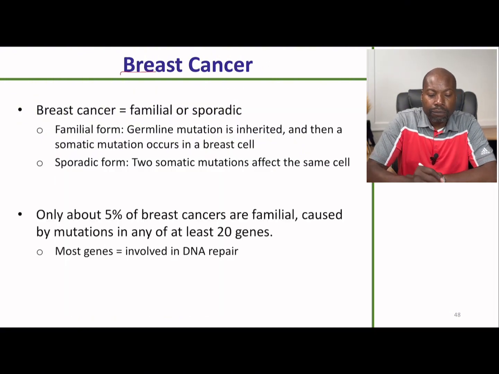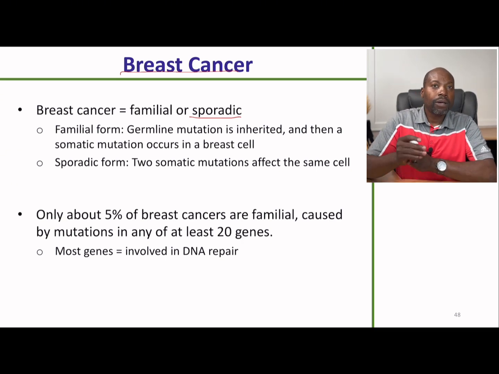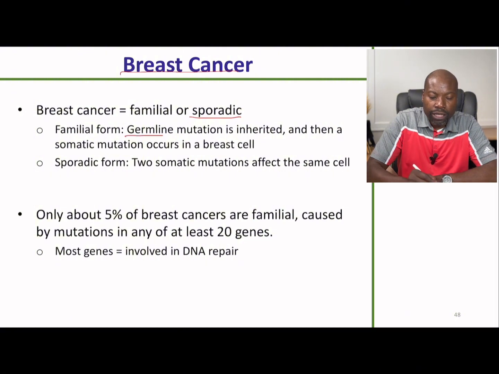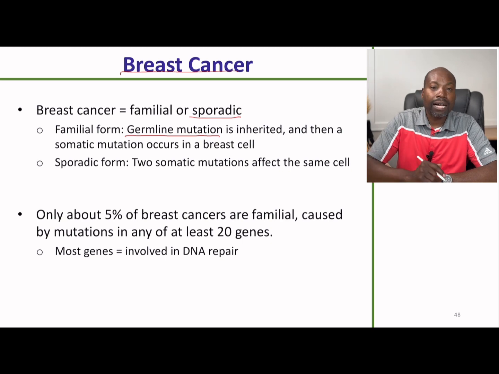So in the case of breast cancer, we have some family cases of breast cancer, but we also have sporadic cases of breast cancer, right? When there is a family case of breast cancer, this is going to be associated with a germline mutation that is going to be passed down.